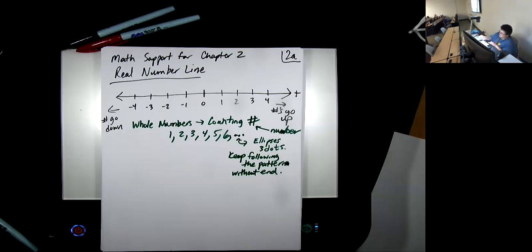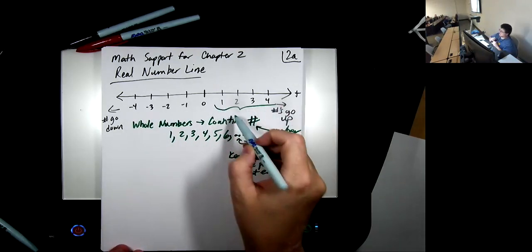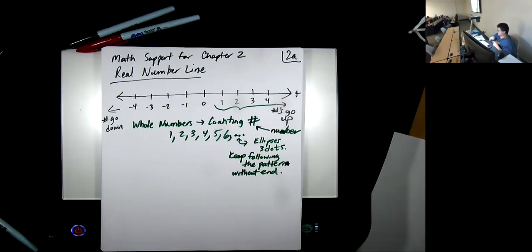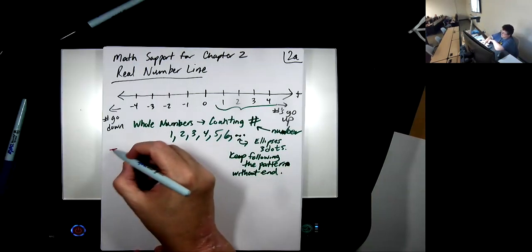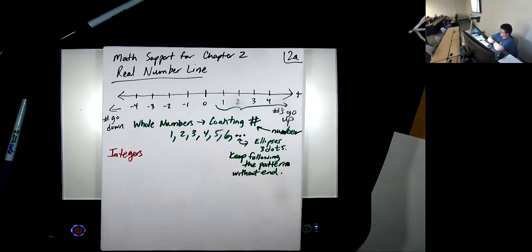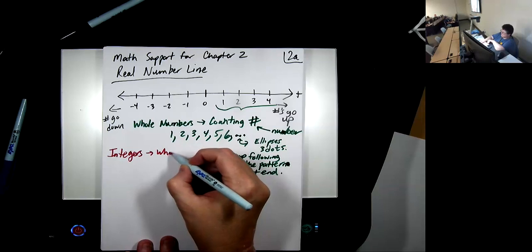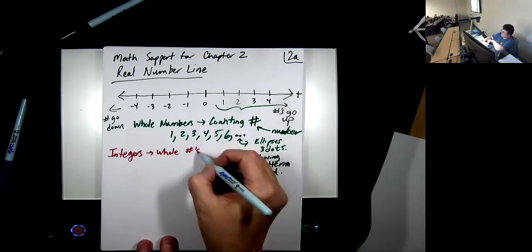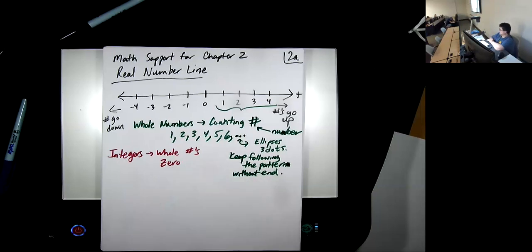So these are my whole numbers. The next category we have are integers. This has all your whole numbers. It has 0. 0 is an integer.